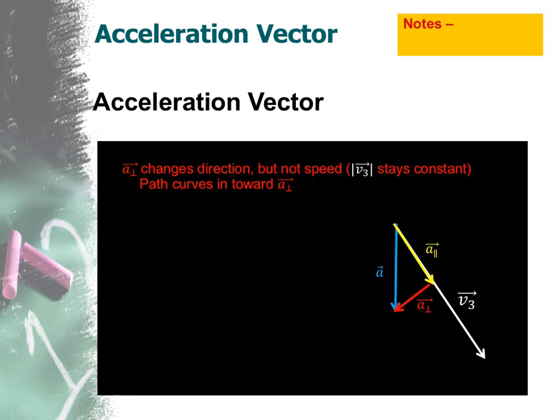So what this perpendicular acceleration vector is telling me is that over time this velocity vector is going to creep more and more toward this direction, which means that this object, this football, is going to follow a path that curves in toward the acceleration vector.